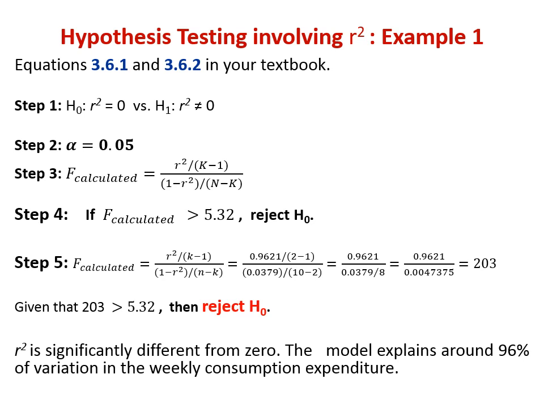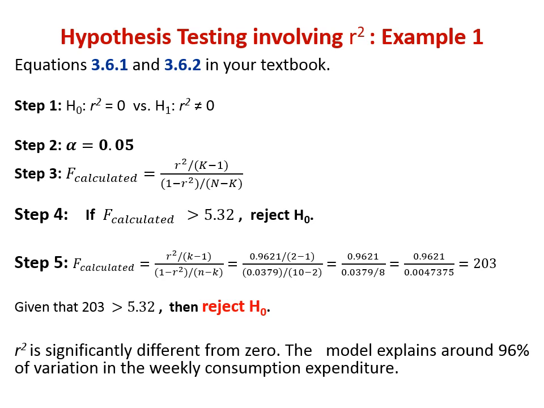To do so, we have to use the F table to obtain the critical value for F with 1 degree of freedom in the numerator and 8 degrees of freedom in the denominator for 5% level of significance. This value equals 5.32. Note that this critical value is highlighted in the F table that is attached in the next slide. If the calculated F statistic is greater than its corresponding critical value, reject the null.